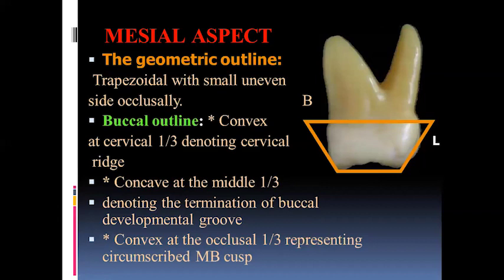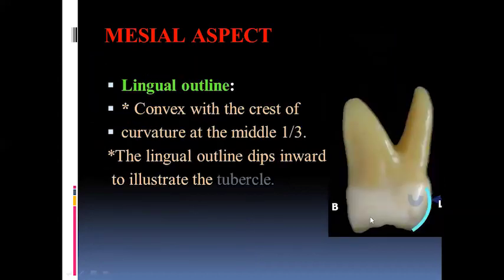Cusp at the occlusal 1/3, representing the circumscribed mesiobuccal cusp. Lingual outline is convex with the crest of curvature at the middle 1/3. The lingual outline dips inward to illustrate the tubercle.